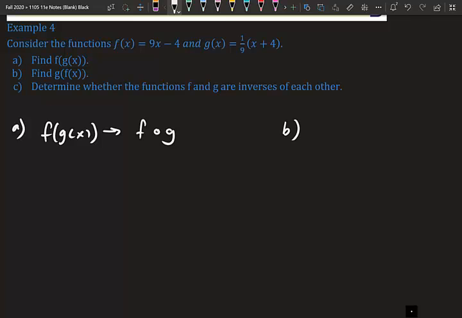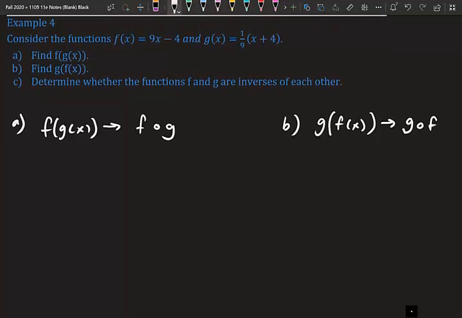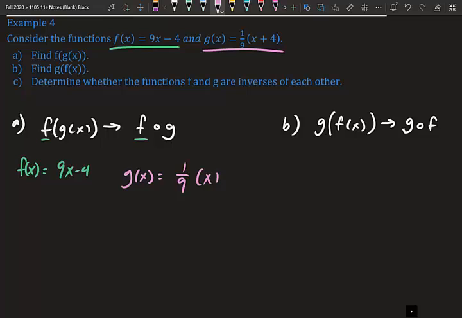And then for b, g of f of x, that's the same thing as g composed with f. So let's do f composed with g. So we have our f function, it equals 9x minus 4, and then we have our g function. Remember, second into first.